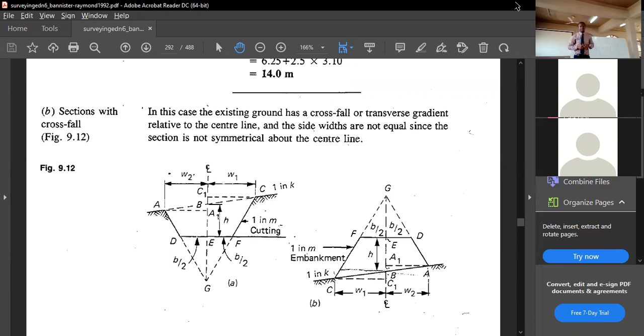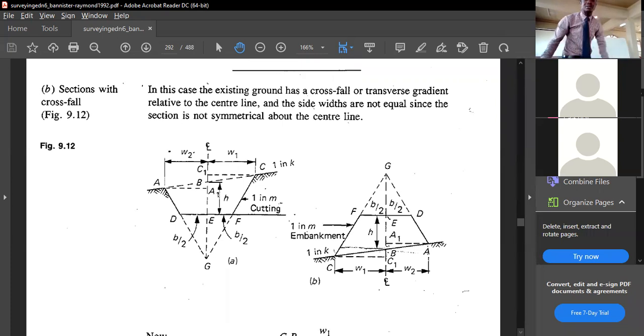We can also have this one for the cutting, and then we can have the embankments, where a similar thing is done.